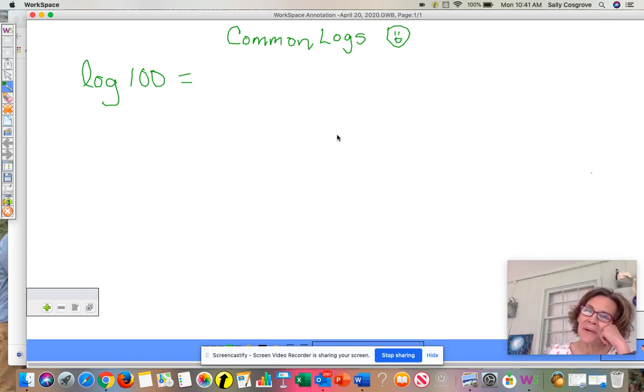I wonder, what is the understood base on a log? Well, you can guess. It's base 10. If you think about this, this makes sense. Our number system is base 10.